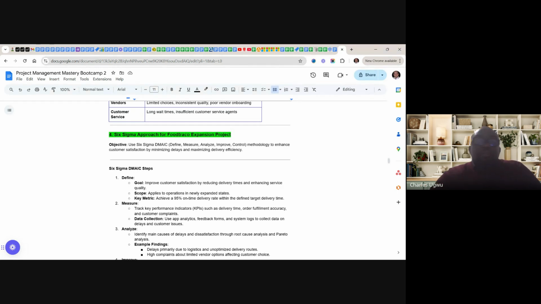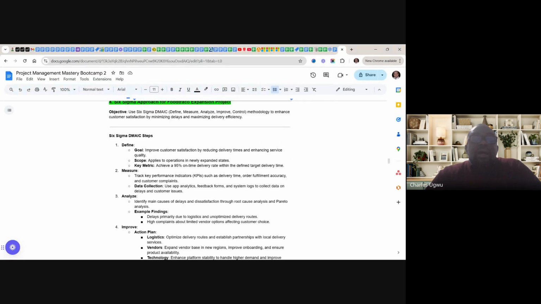If you have a black belt in Six Sigma, you are a hot cake in industry. So it's a very big topic on its own. But this is mainly what organizations use to improve defects, improve poor processes within their project or within the organization.